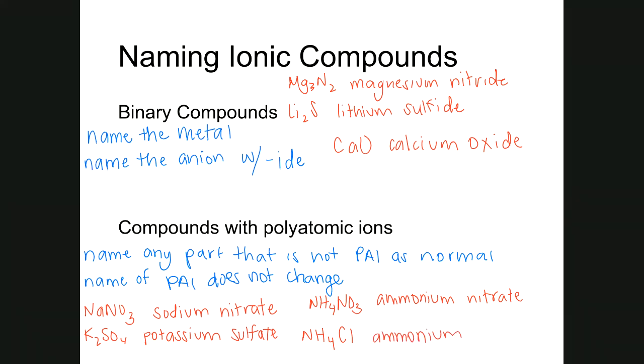And then Cl is the part that is not polyatomic, so it's named normally, which is chloride, right? Because it's an anion, and anions are named with "ide" at the end. So regardless of if you have parentheses or not, the name is not going to change here. So we do not have to specify how many of each element or how many of each ion we have in our compound.